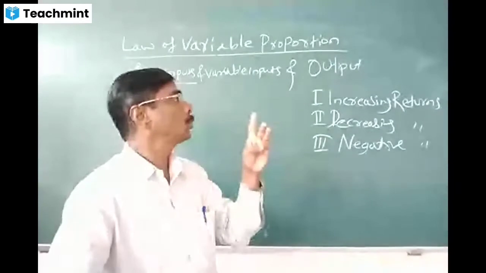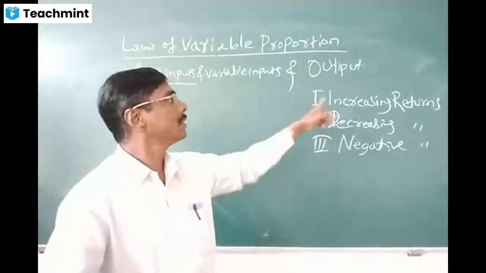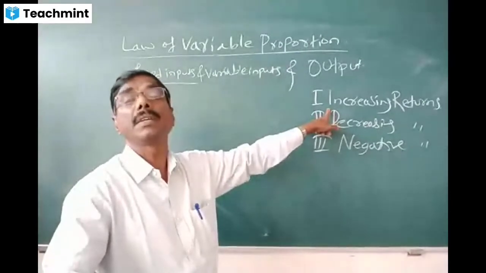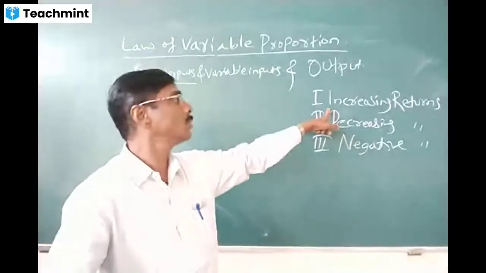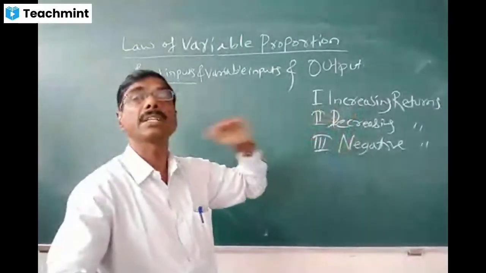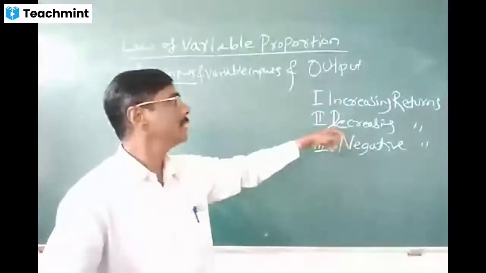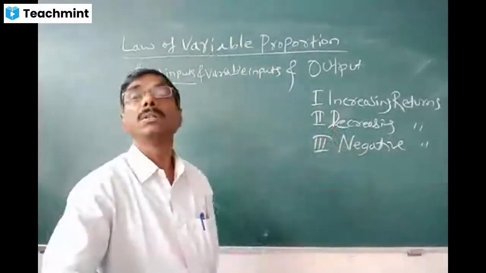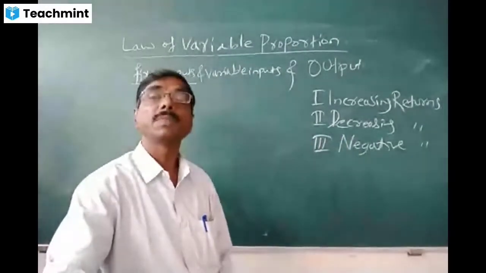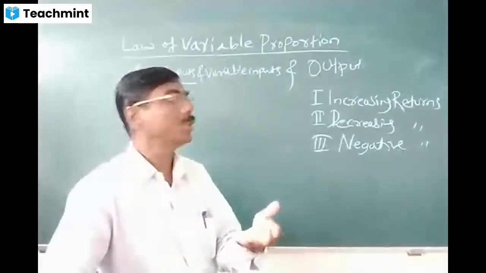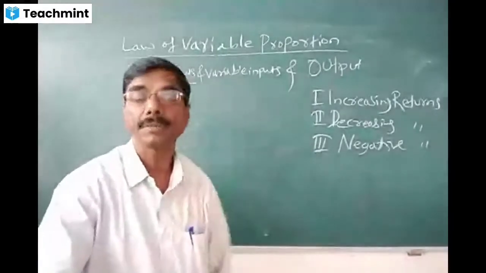Initially, output increases at an increasing rate, known as increasing returns. Then output increases at a diminishing rate, known as decreasing returns. And after a stage, we have negative returns, where output decreases.